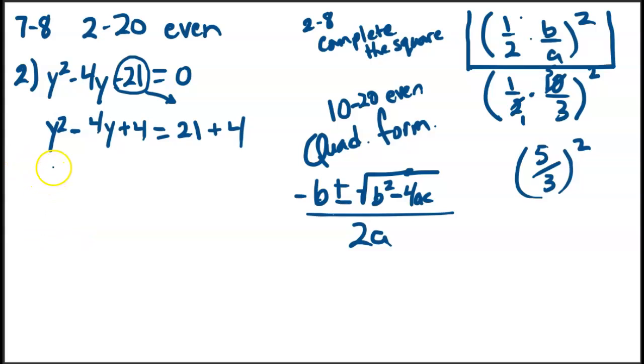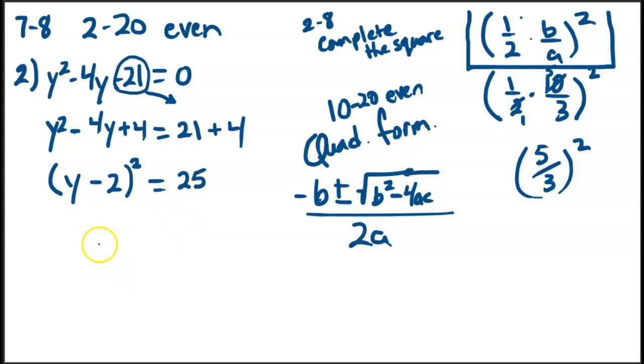All right, so now I know that here I'm going to get y, because that's the square root of y squared, minus 2, because 2 times 2 is 4, and that's going to equal 25. Oh, sorry, but y minus 2 squared is going to equal 25.